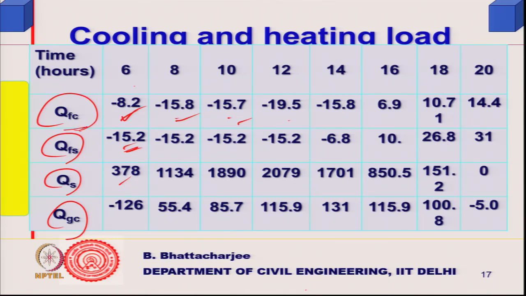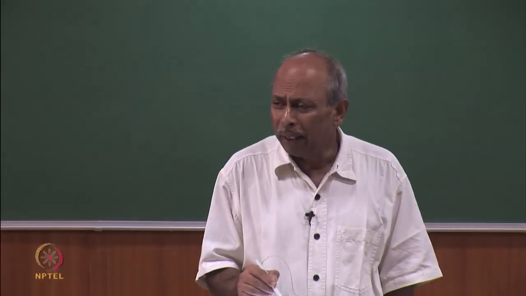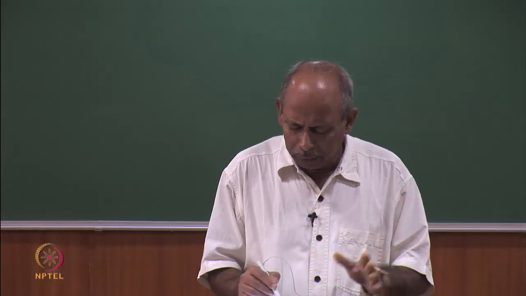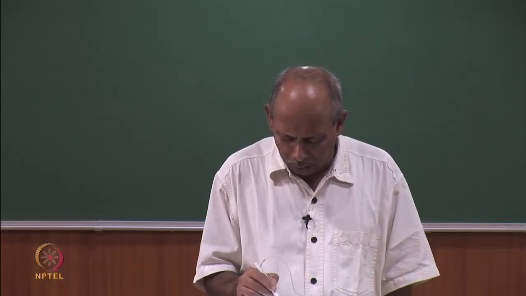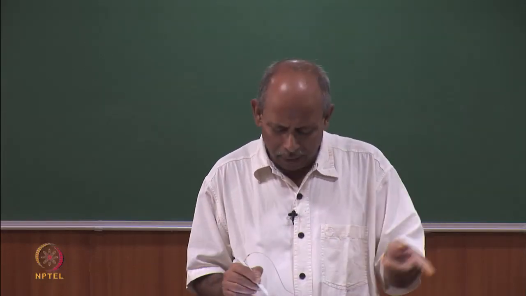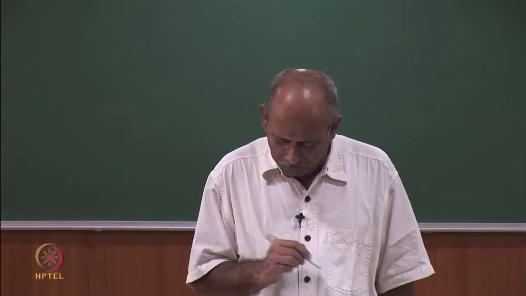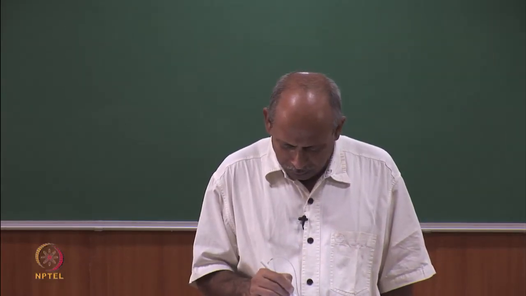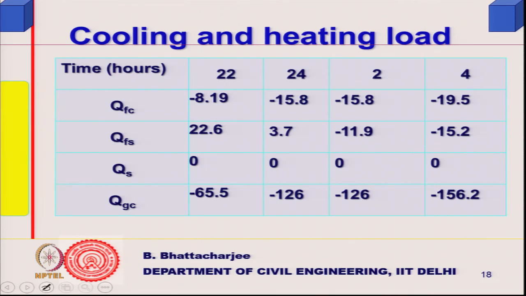How is QFC found out? Outside minus, taking all the time lag and all that into account. So this is what results in that 25 by 25 matrix, but you have to do it yourself, otherwise you won't get it.